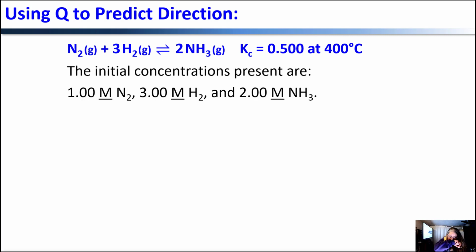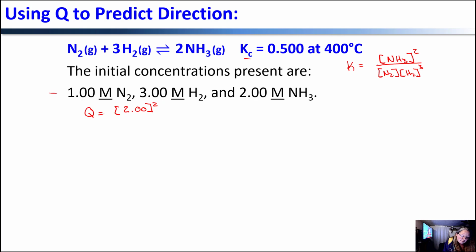Now, what would my K expression look like? K is going to equal my ammonia squared divided by my N2 and my hydrogen gas cubed. Q is going to equal exactly that. And we know our equilibrium constant value is 0.5. So Q is going to equal my NH3, which is 2.00 squared.